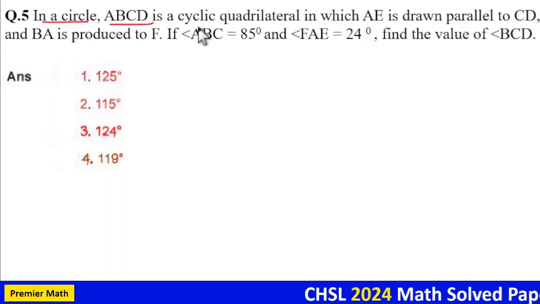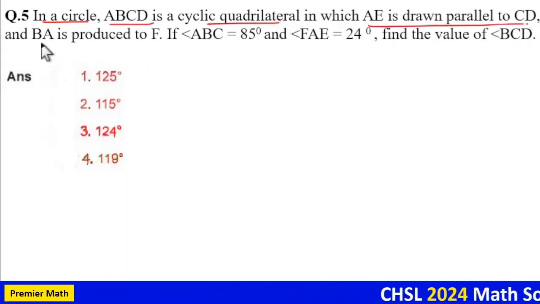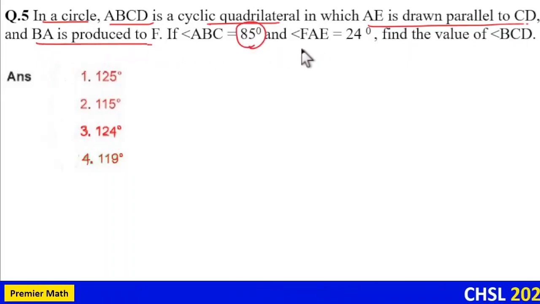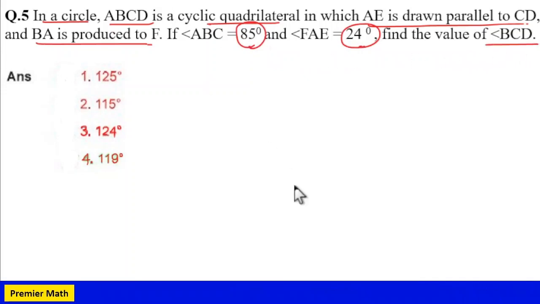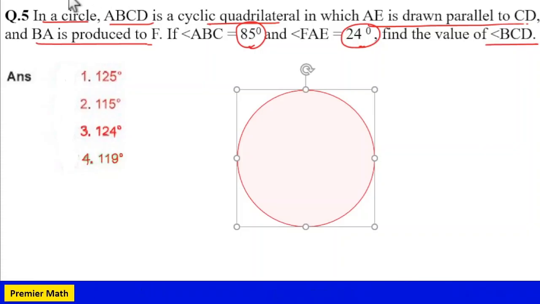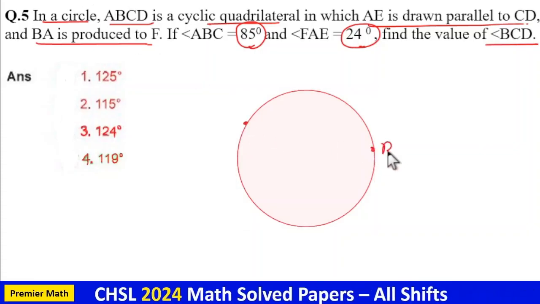In a circle, ABCD is a cyclic quadrilateral in which AE is drawn parallel to CD. BA is produced to F. If angle ABC is 85 degree and angle FAE is 24 degree, find the value of angle BCD. Here this is the circle and ABCD is a cyclic quadrilateral.